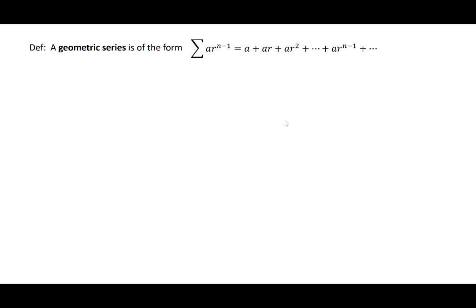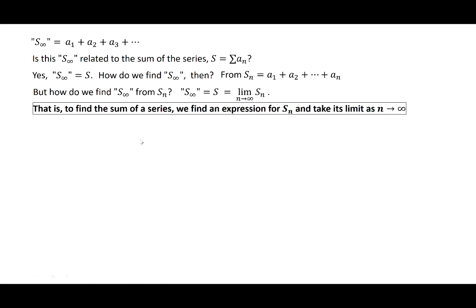So the question is, just now I discussed how to find the sum of a series. And I said you find an expression for S sub n and take its limit as n approaches infinity. And immediately I jump to a geometric series.